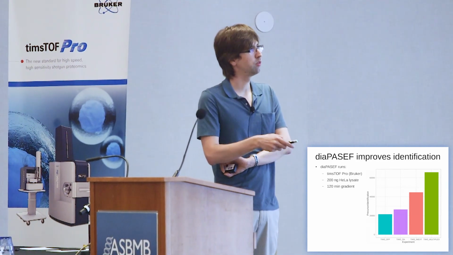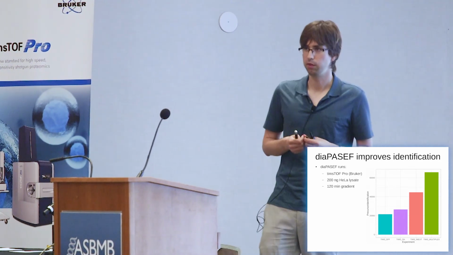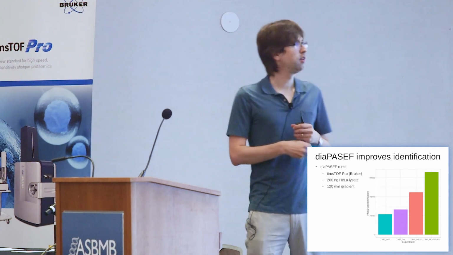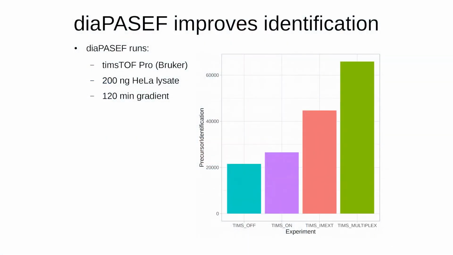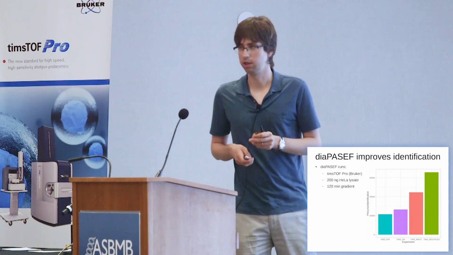However, as soon as we turned on the TIMS device, but then deleted the ion mobility information again, we immediately found a 30% increase in the number of identified peptides. This is due to the focusing of the ion mobility.